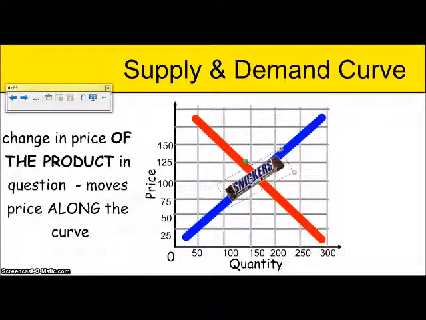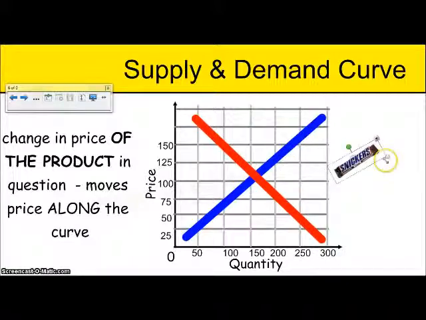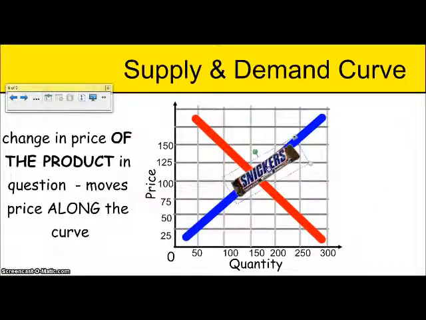So if suppliers decide to increase price, we're going to slide right up the line. If stores put a sale on the price, we're going to slide down the line. Okay, so make sure you are looking to see what your supply and demand curve is researching before you start shifting lines everywhere. If it is the price of the product in question, in this case Snicker bars, we're going to stay right on the lines.